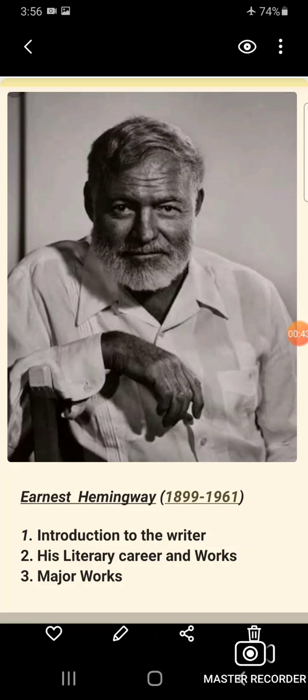Introduction to the author. Ernest Hemingway was born on 21st July 1899 in Oak Park, a small town in USA. His father, Dr. Clarence Edmonds, was a famous gynecologist.